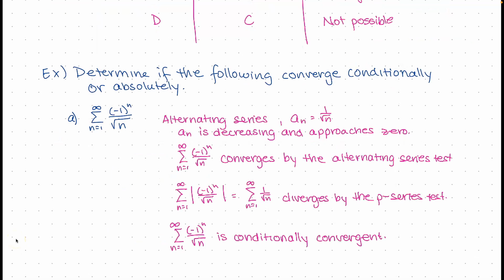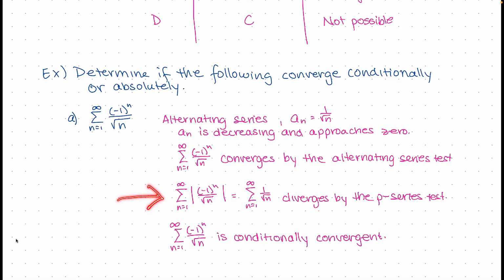All right, let's take a look. So Caleb asked a good question about, do you have to prove both? And so the answer is, it depends. If you take a look at this first one, if you know that this one with the absolute value converges, you automatically can assume the original series converges.